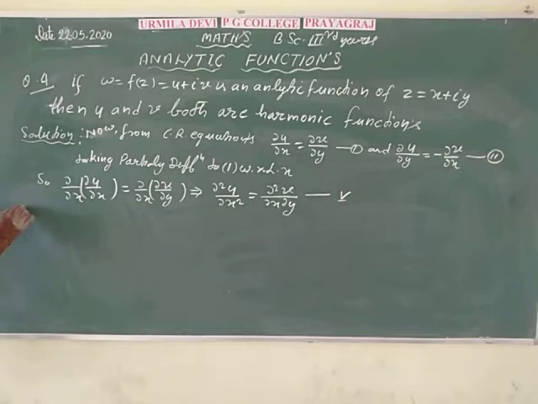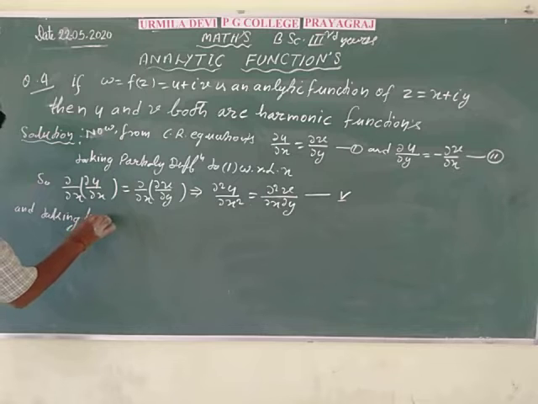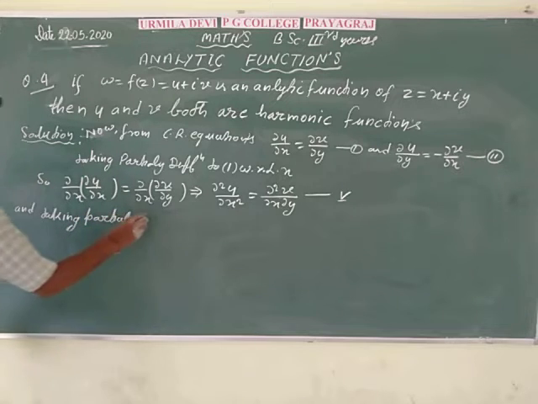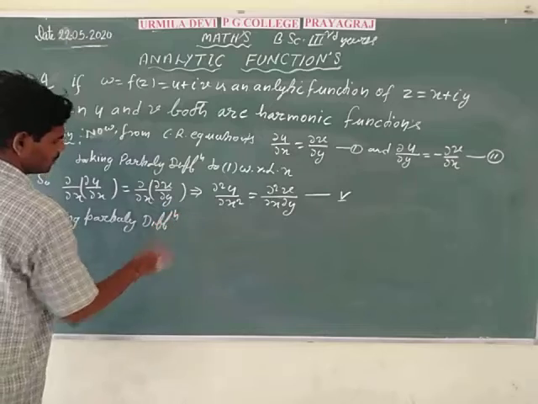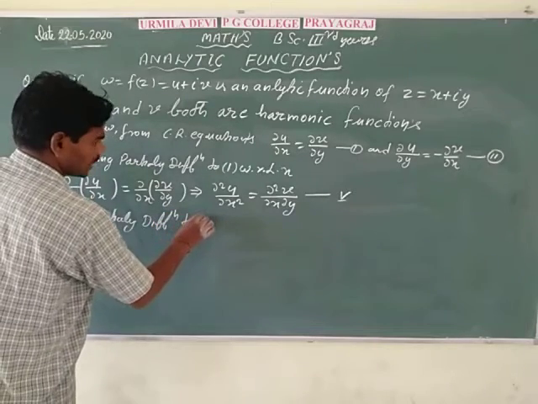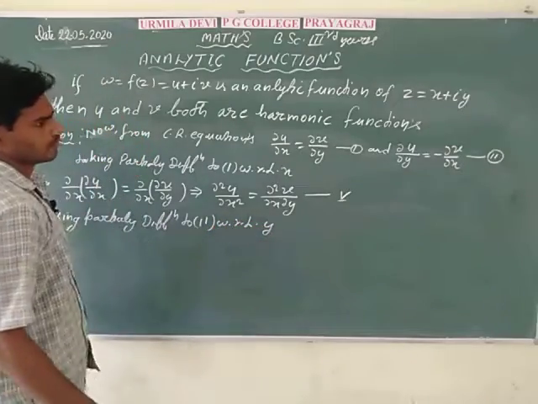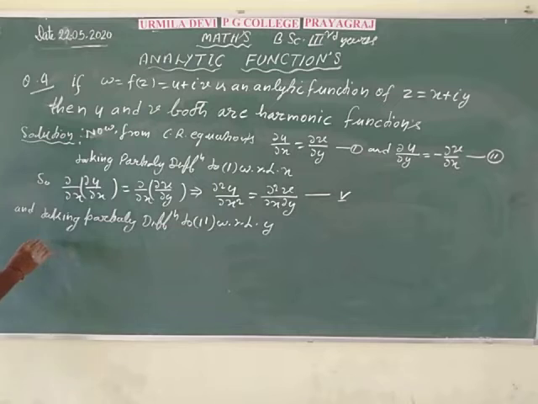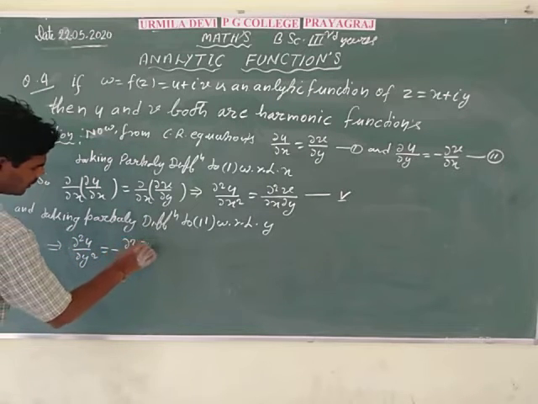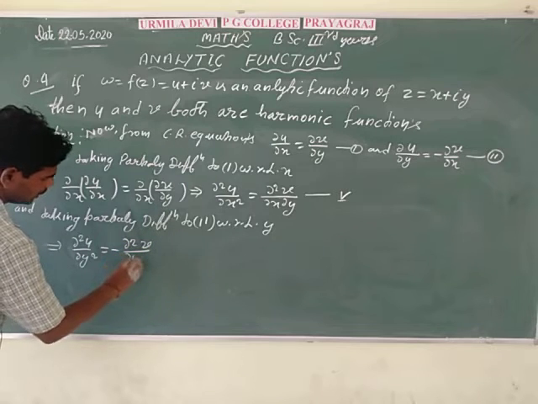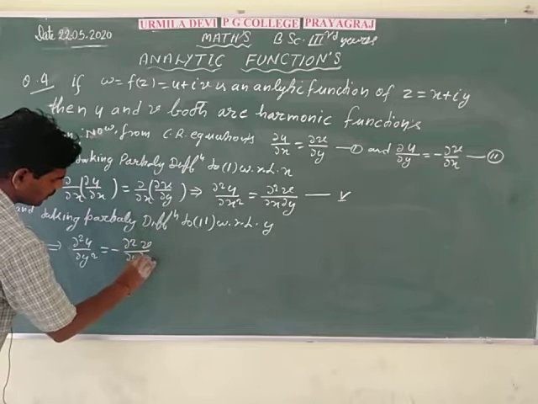So, taking partial differentiation of equation second with respect to y, it implies del square u by del y square is equal to minus del square v by del y del x.